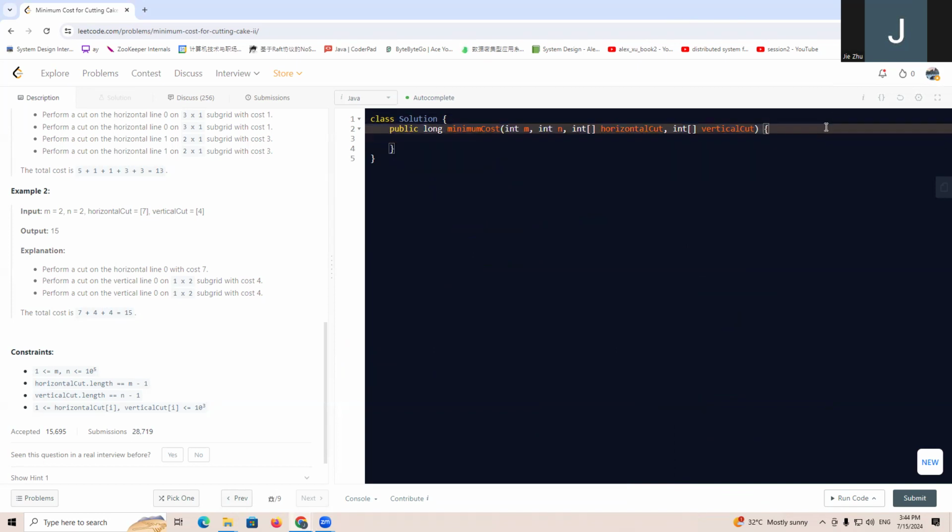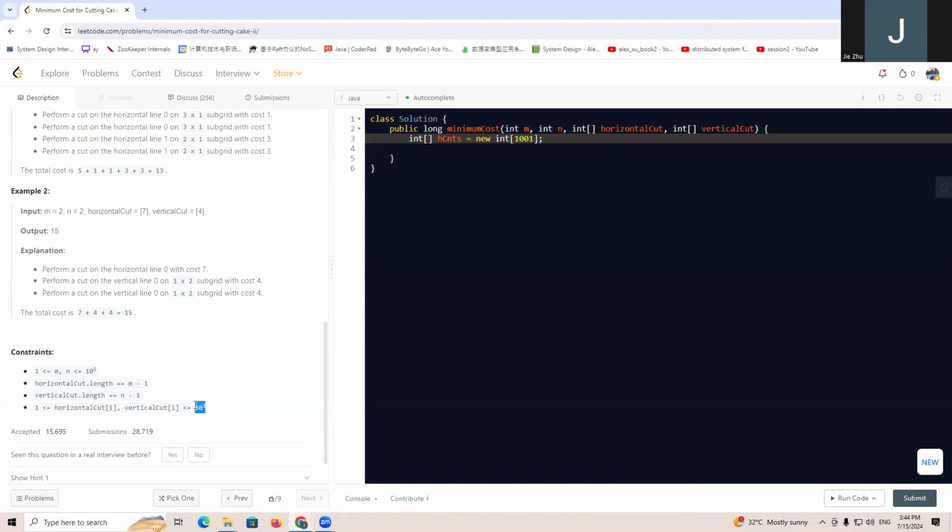So both will have size new 1001. And the reason we do this is we'll see this kind of 10 to the power 3 is much smaller than m and n, so we can tolerate small space, sacrificing the space complexity to have linear operation.